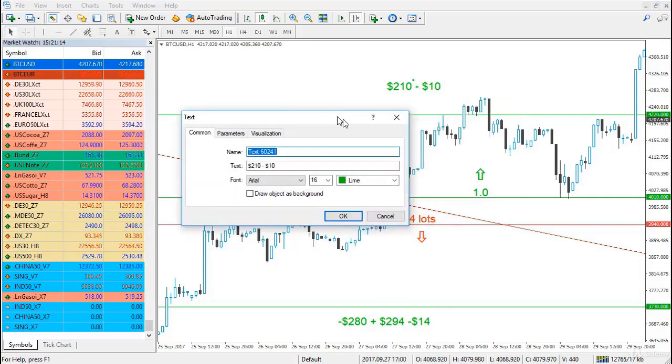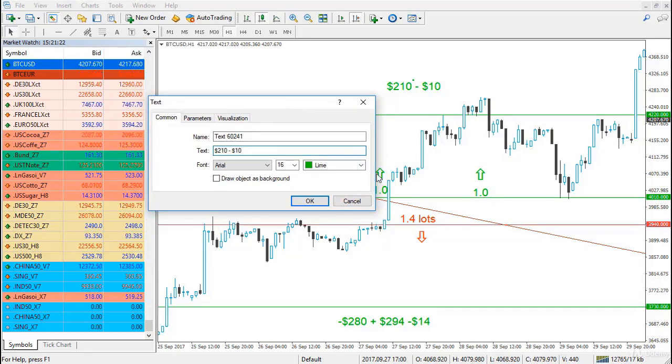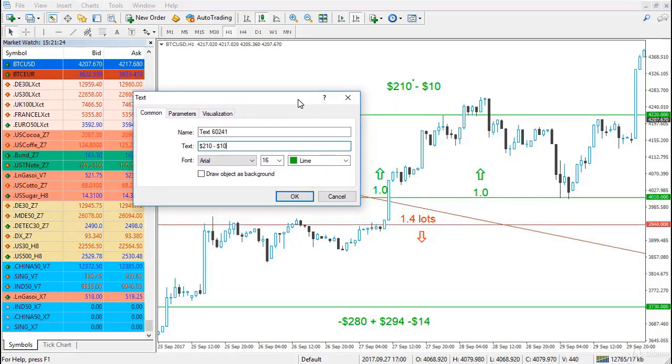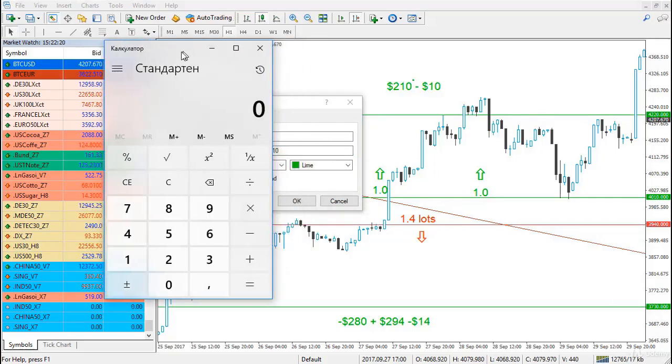What we will have, guys, is this 210 minus 10 from the first entry over here, and then we will have the loss of 1.4 because this short entry will have the stop loss of 4,220 and it will be closed. So what we will have over there is negative $392 plus another $210 from the second lot that we bought minus another $10. So let me show it to you with the calculator as well.